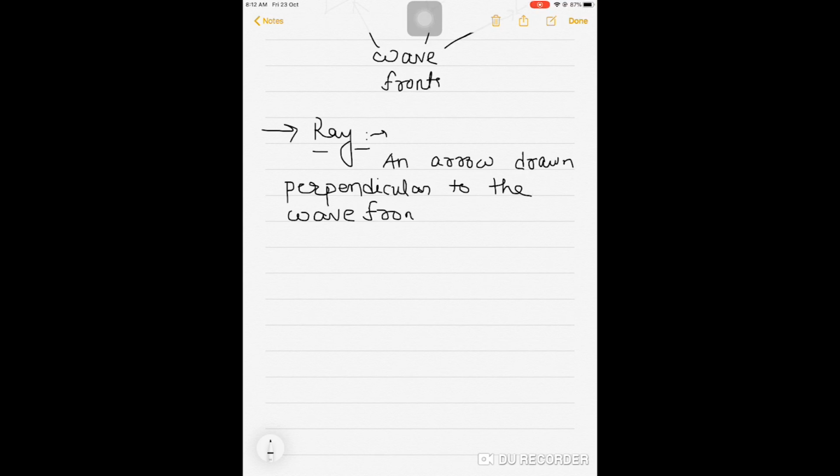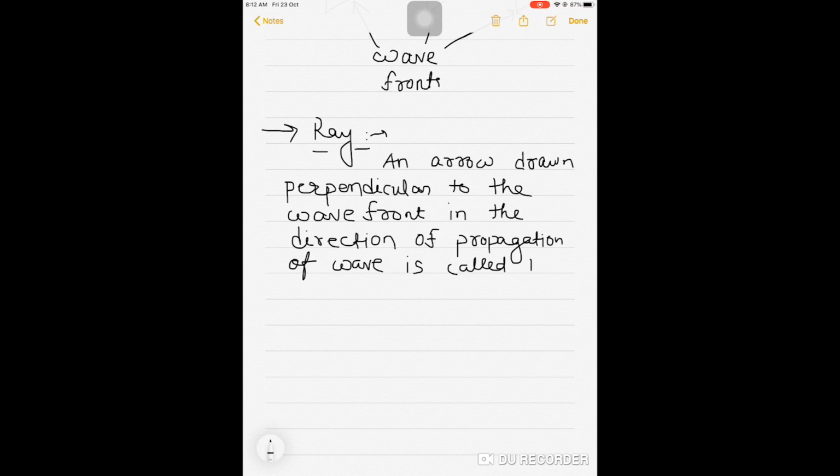It is in the direction of propagation of wave, is called ray.